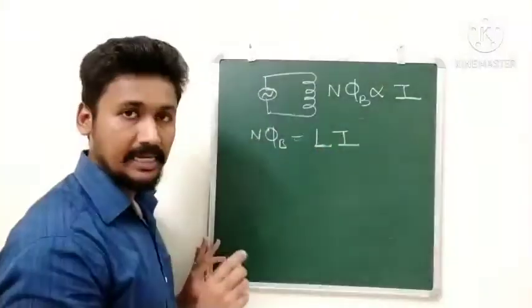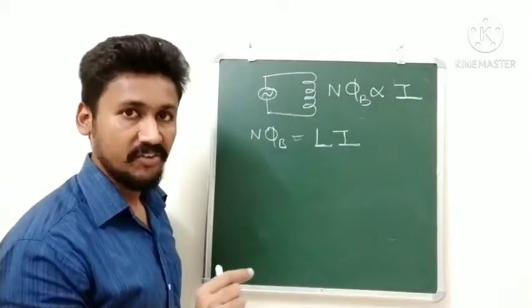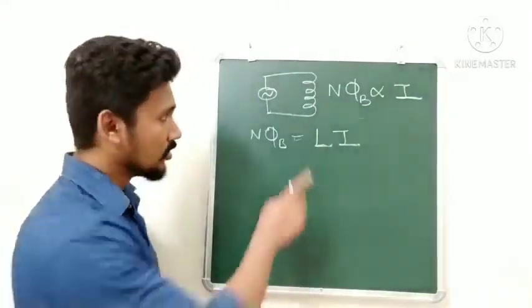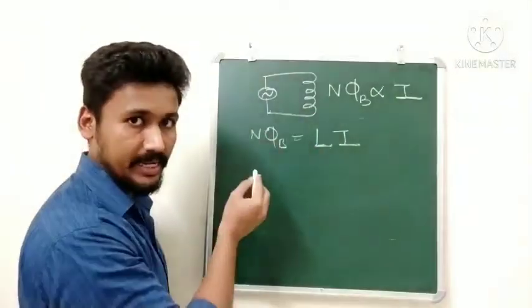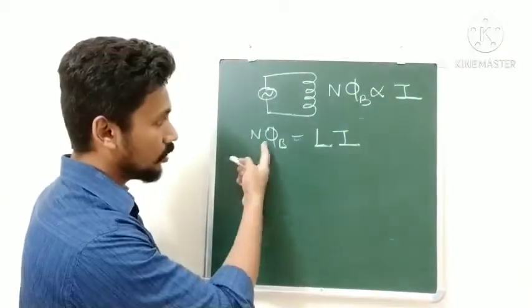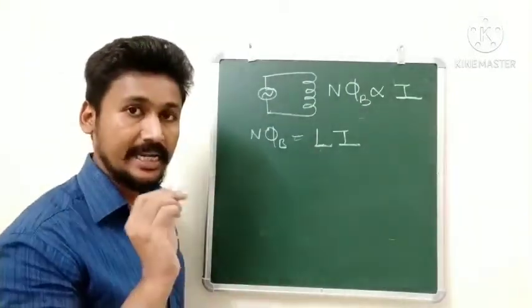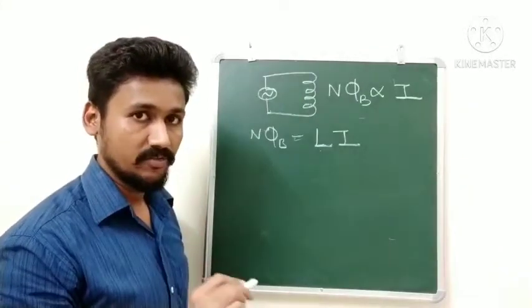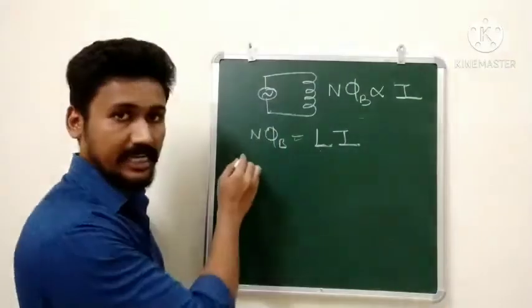This capital L is called inductance, or more specifically self-inductance. So for this given coil, the self-inductance is given by L is equal to N phi B by I. L is a constant that depends upon the dimensions of the coil and how much is the flux linkage of that coil.